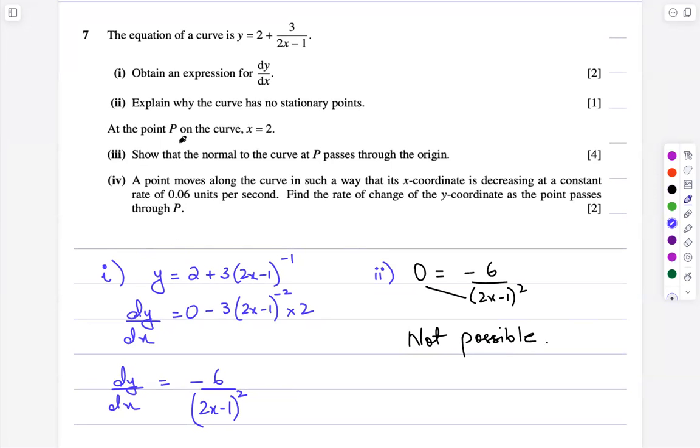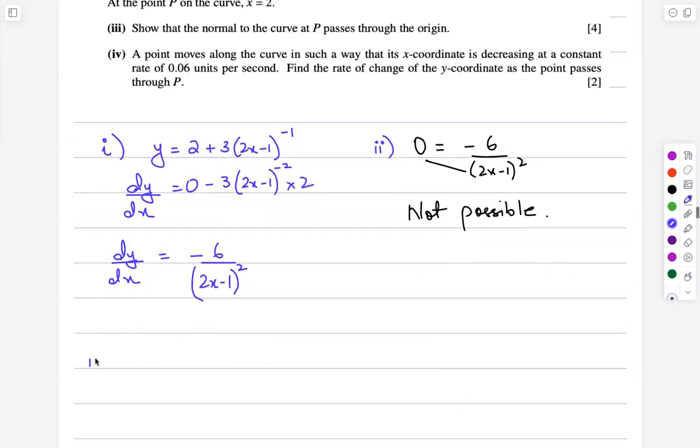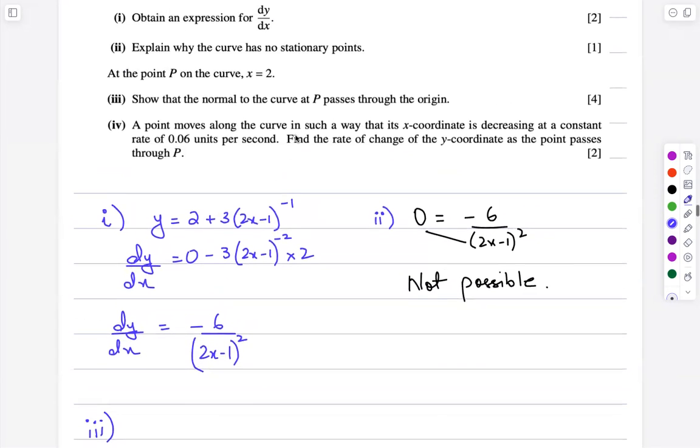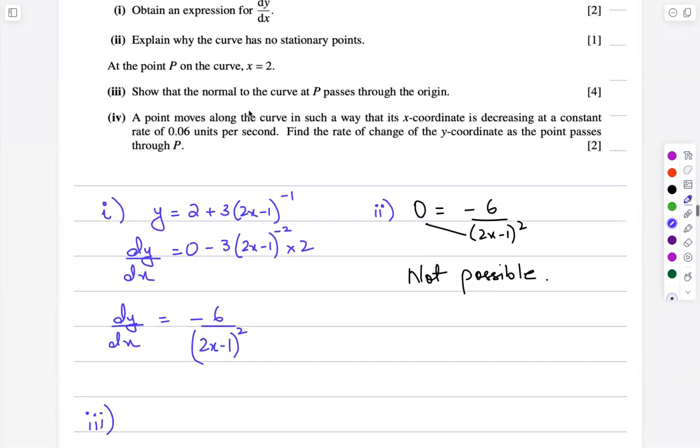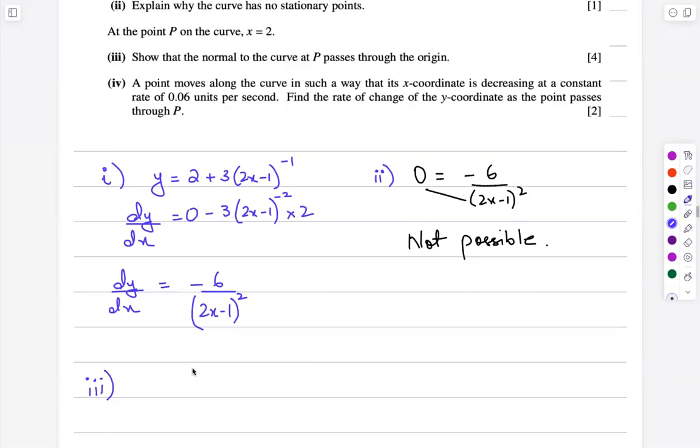In part 3, it says at the point on the curve x equals 2, show that the normal to the curve passes through the origin. So first you have to find the equation of the normal. To find the equation of the normal, we'll first have to find the gradient of the tangent. We already have dy/dx, and the value of x is 2.